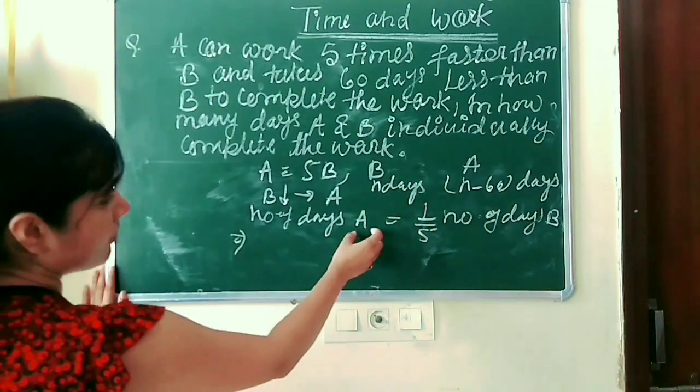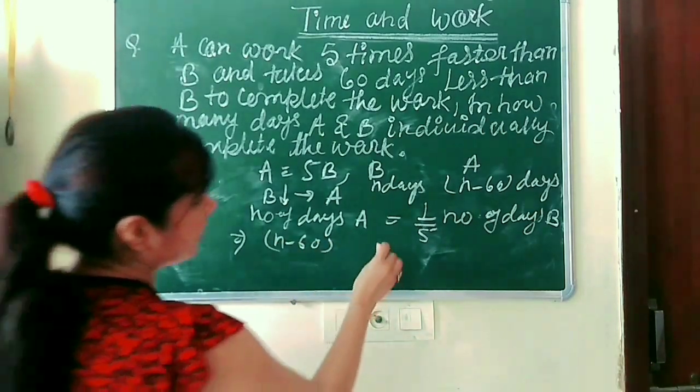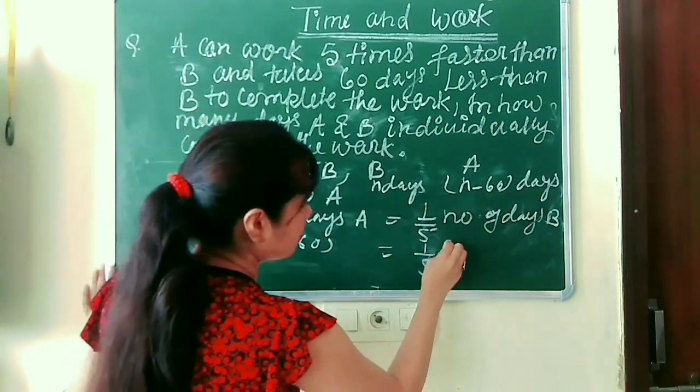The number of days taken by A is n minus 60, and the number of days taken by B is 1 by 5th times n.